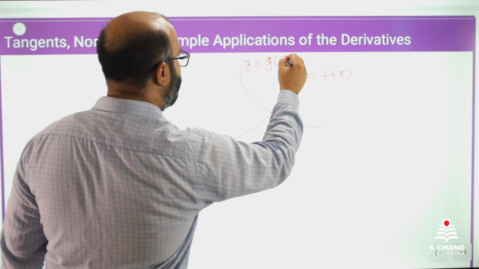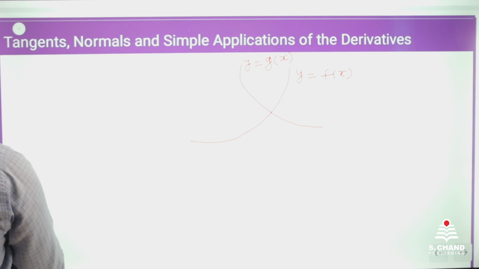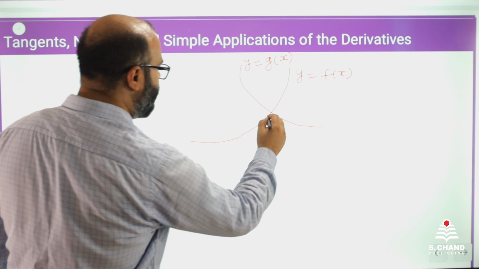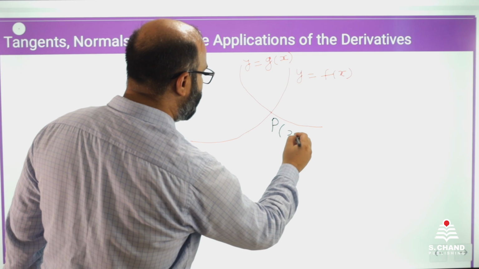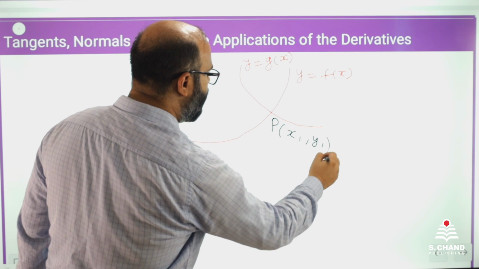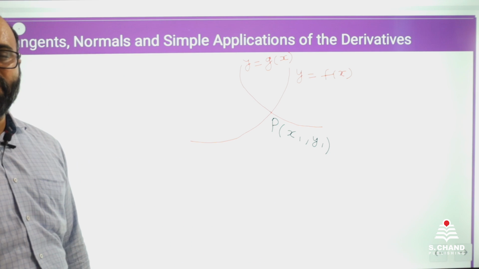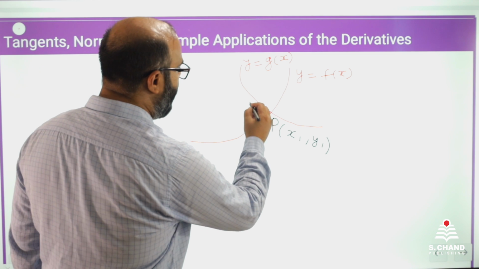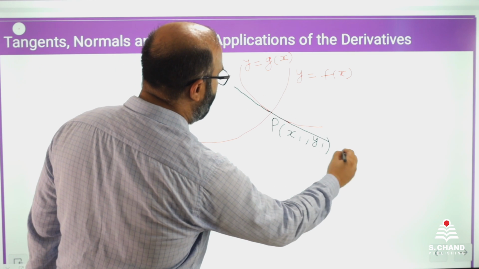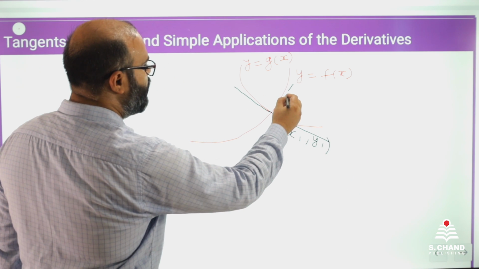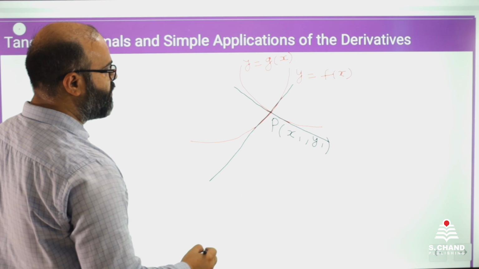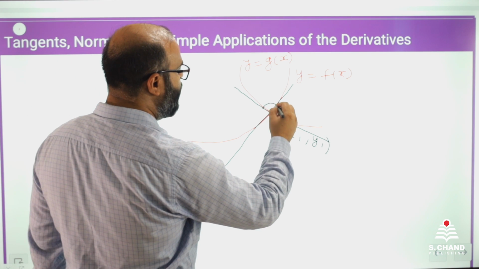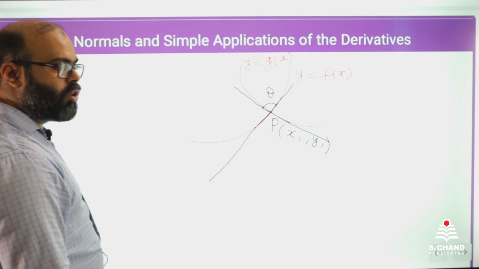These two curves are intersecting at a point P, which is x1 comma y1. Now it is asked to find the angle between these two curves at x1 comma y1. So you will find the tangent to this curve at x1 comma y1 and tangent to this curve at x1 comma y1, and the angle between them is supposed theta. So you have to find theta.